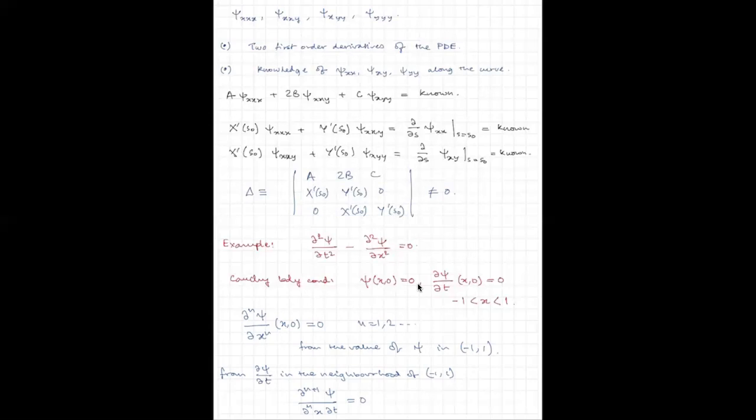Now if you find these two, and remember that the wave equation itself is psi xx is equal to psi tt, and we want to find all of these derivatives. So psi tt at t equal to 0 is equal to psi xx at t equal to 0. We have found psi xx; this was 0, so this is also equal to 0.